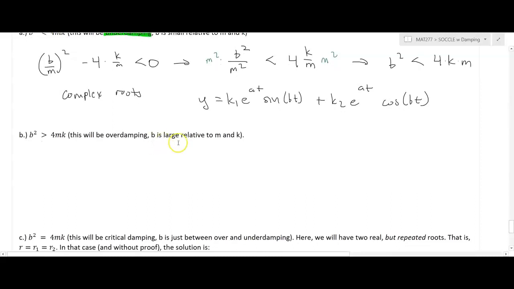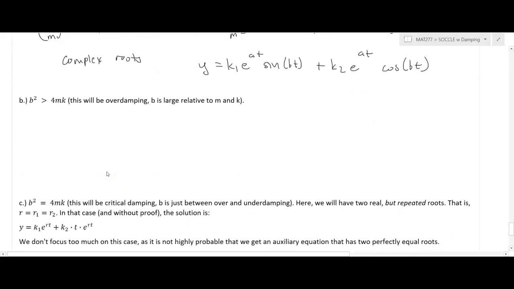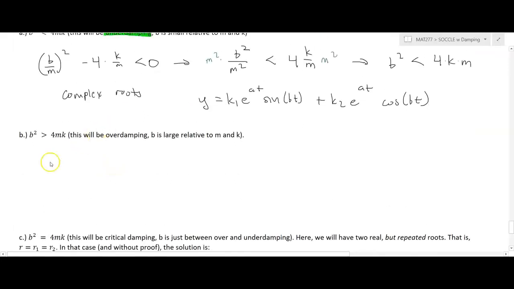Now, overdamping is usually whenever your damper is really large and causes your spring mass system to immediately return to rest. That's going to happen anytime you have real roots. So if we just change this to a greater than sign, this means that the system is going to have two real roots. And we already know that if we have two real roots, our solution is of the form k1 e to the r1t plus k2 e to the r2t.